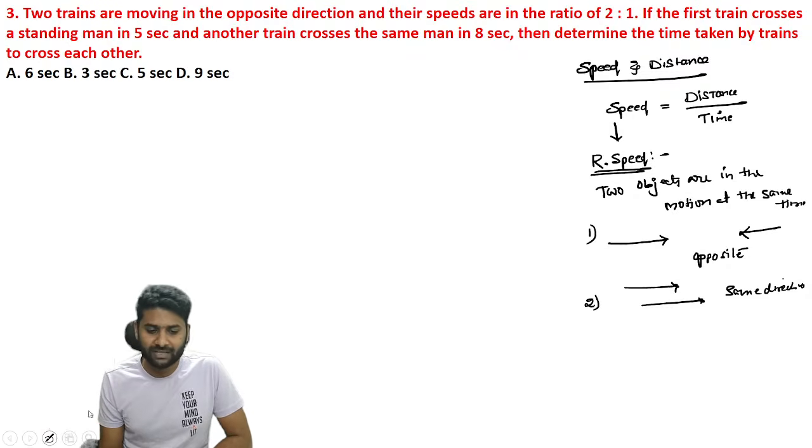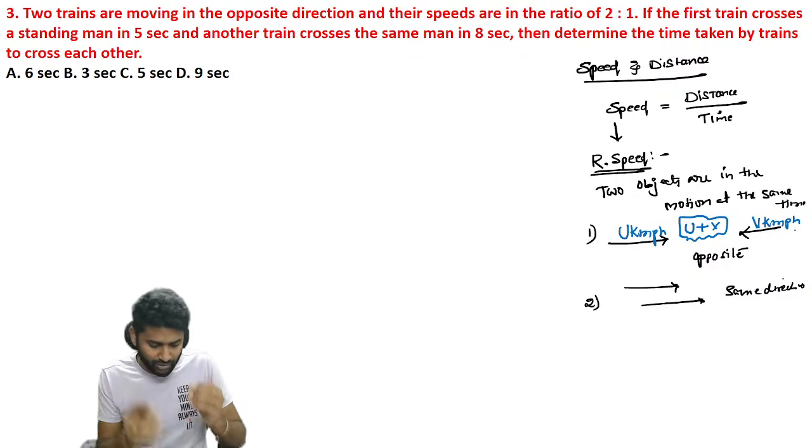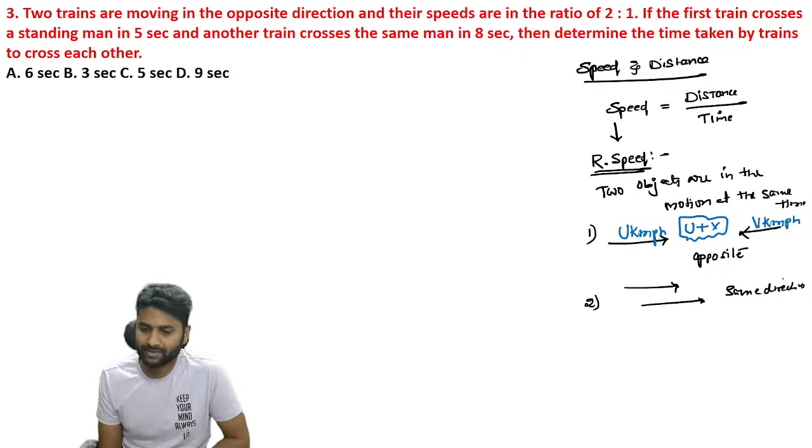If two objects are traveling in opposite directions, then the relative speed is u plus v kilometer per hour. Let us assume that one object is u kilometer per hour and the other object is v kilometer per hour.